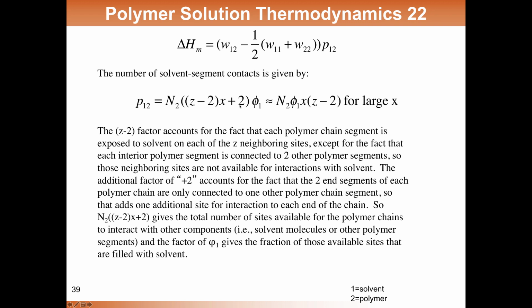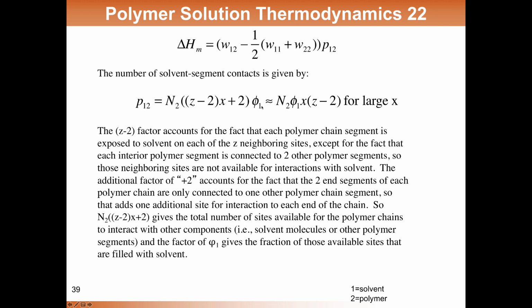At the end of the polymer chain, the ends only have one segment next to them that has to be polymer, and so on each end you get an extra potential polymer-solvent contact, then multiplied by the total number of polymer molecules. This would be the maximum number of polymer solvent segmental contacts.